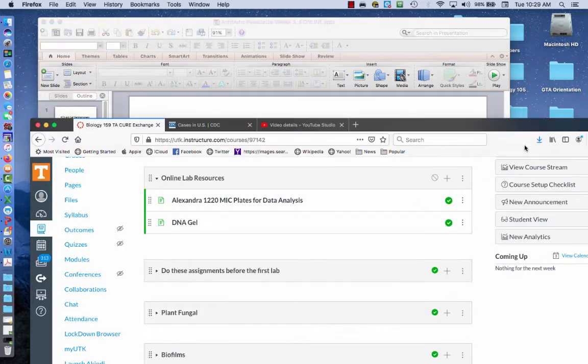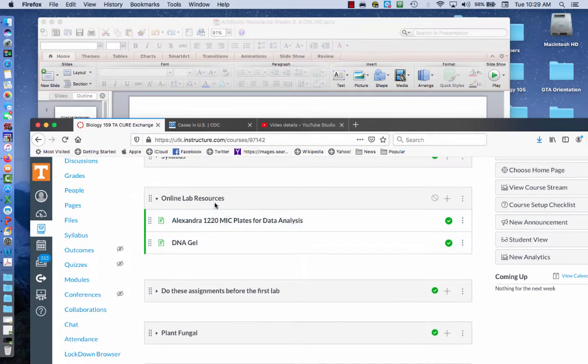So what does the MIC data look like? I don't have it all up right now for you, but there will be something similar to this on your Canvas site that's just probably been added. It'll say online lab resources, and this is of course Alexandra 1220 class.